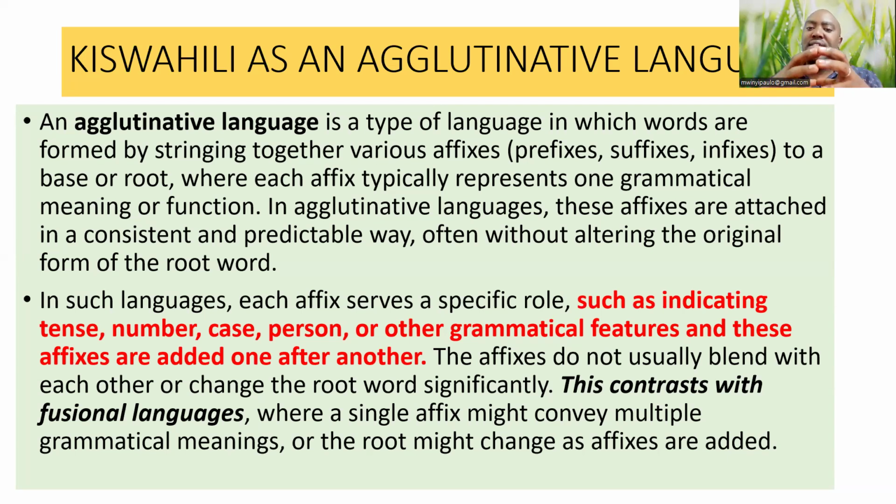When I talk of affixes, they include prefixes, suffixes, and infixes. So we string together various affixes to a base, or what we refer to as a root, where each of these affixes typically represents one grammatical meaning or function.